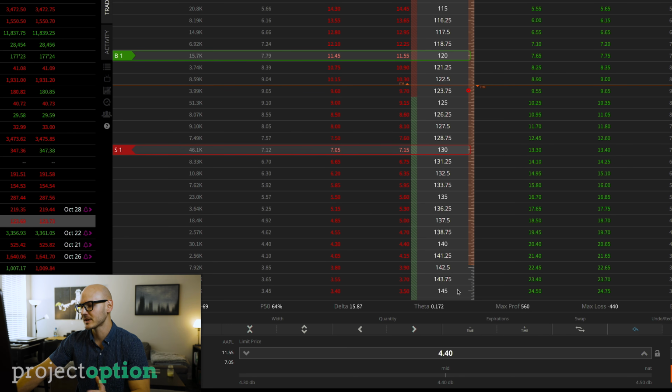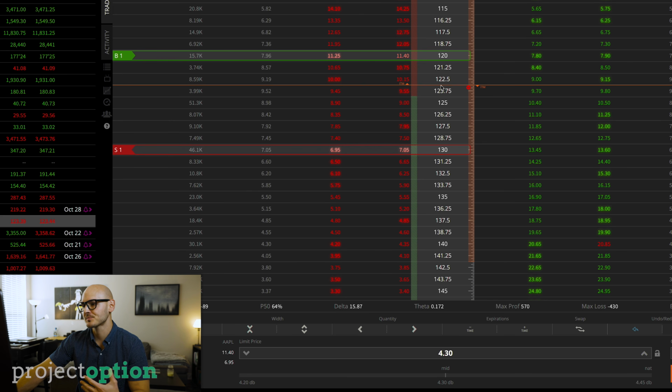Now this not only reduces my risk, but it reduces my break-even price as well. So the break-even price for this vertical spread here would be $124.35, which essentially means I only need Apple to be at $124.35 at expiration for this spread to not make or lose any money.